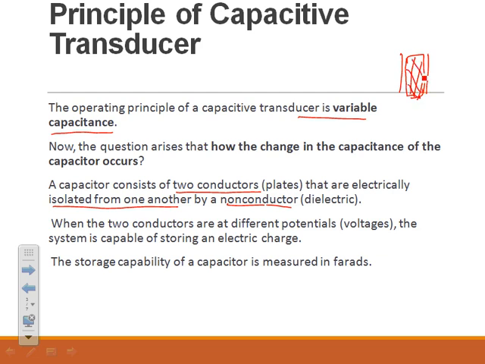Like this, two conductive plates are separated from each other by a non-conductive media. When two conductors are at different potential, the system is capable of storing some electric charge. The storage capability of a capacitor is measured in farad. So this is the basics of a capacitor.